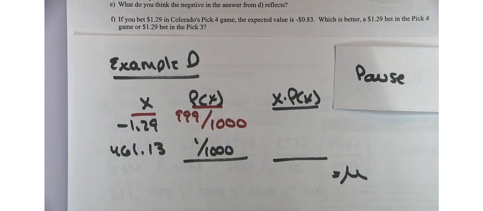This one times this, and then this one times this. You've got 461.13 plus. No worries.